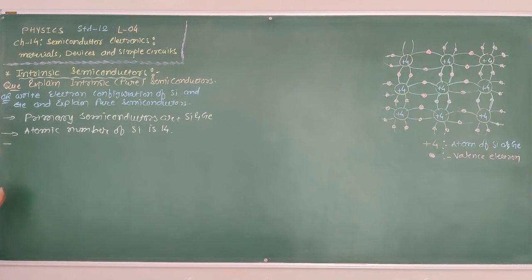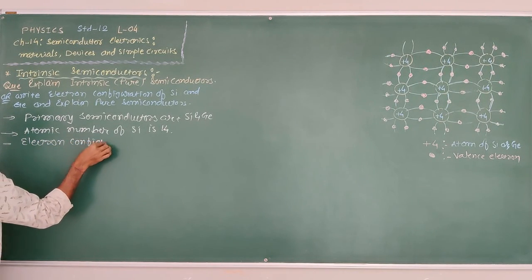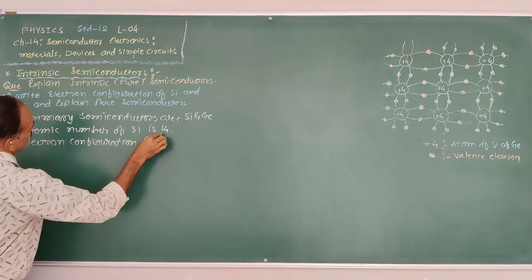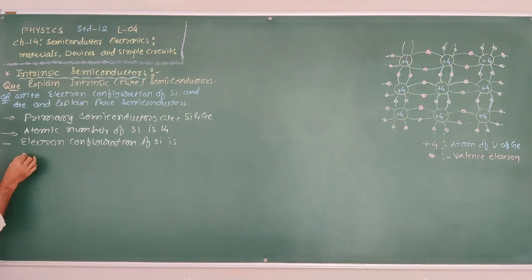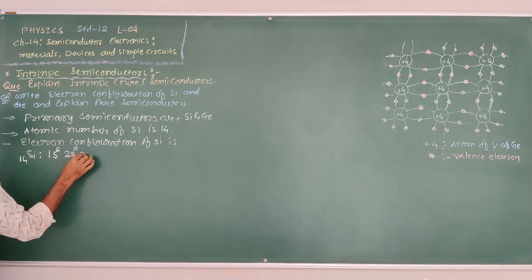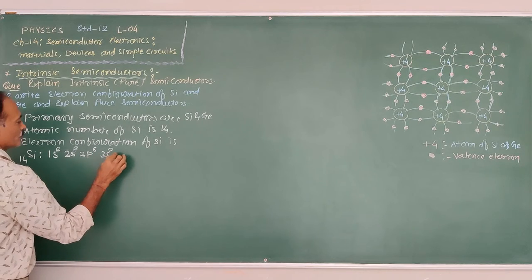The electron configuration of silicon is 1s2, 2s2, 2p6, 3s2, 3p2.